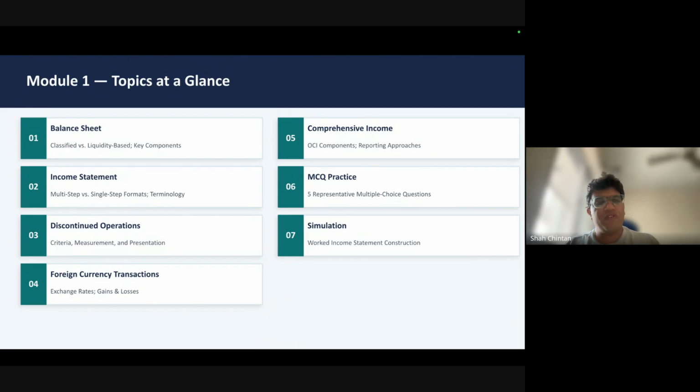We have a couple of very small examples for foreign currency transactions, so we will touch upon them. Then we have OCI. How OCI is created, there is one great formula to remember. You can club OCI with the income statement, or you can present OCI separately as well. We will see a couple of questions from MCQ and maybe one simulation, and by the end of the day you can cover everything in your Becker material.